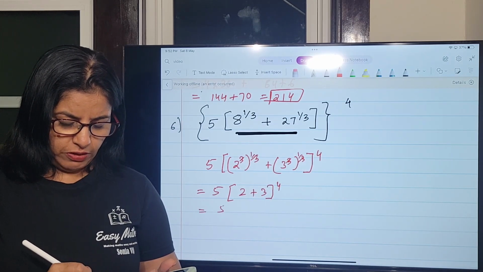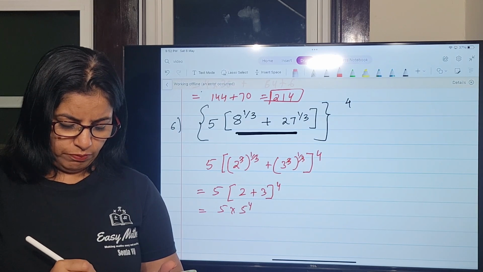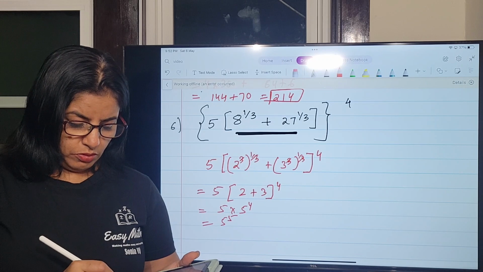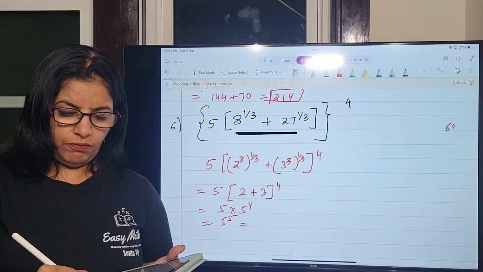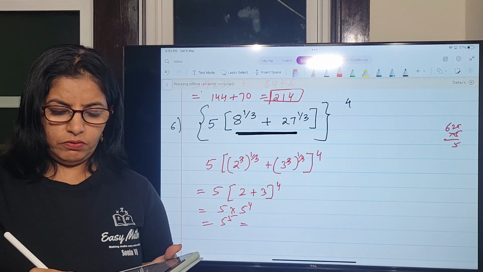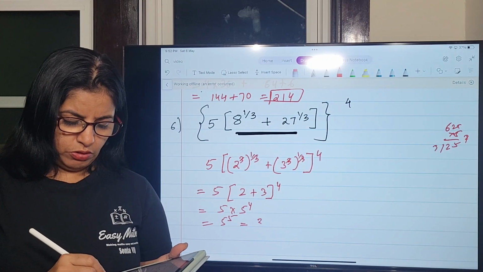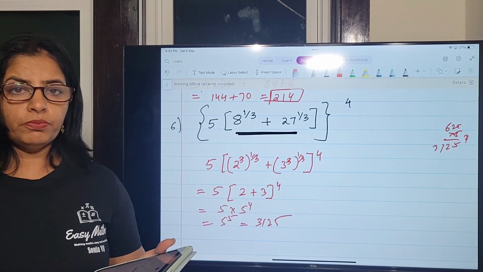This becomes 5 into 5 to the power 4. This is 5 to the power 5. So you get this as 625 into 5, that is 3125. 3125 is your answer for this.